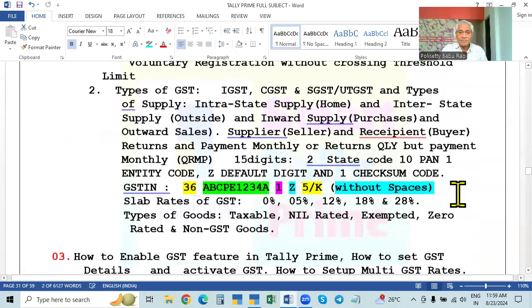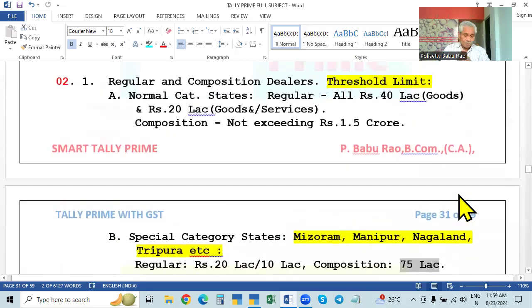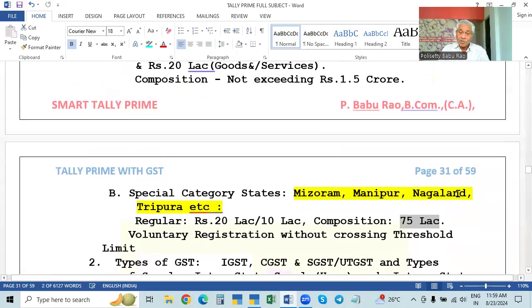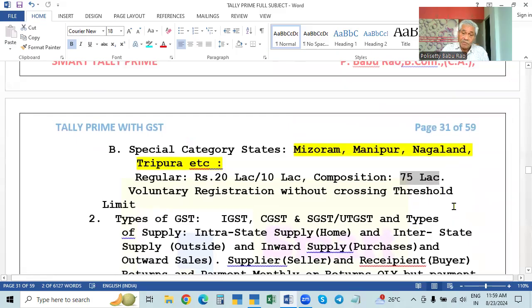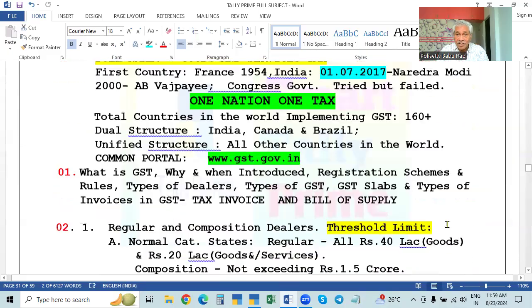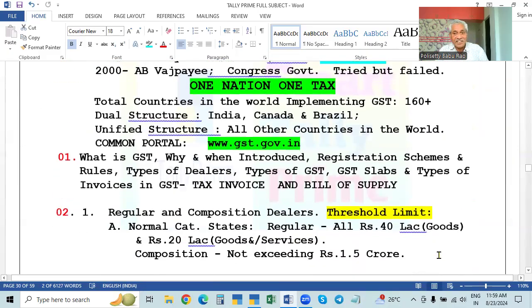Okay. And then when a dealer crosses the limit, they have to get the registration. Sometimes the limit is not crossed, so there is no necessity to get registration. The persons whose turnover does not exceed the threshold limit will not get registration.